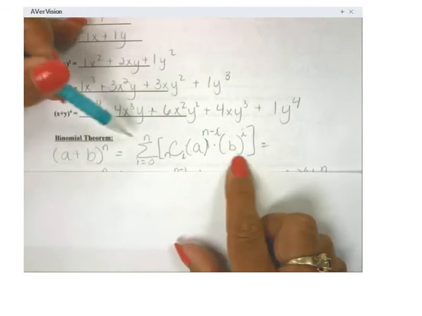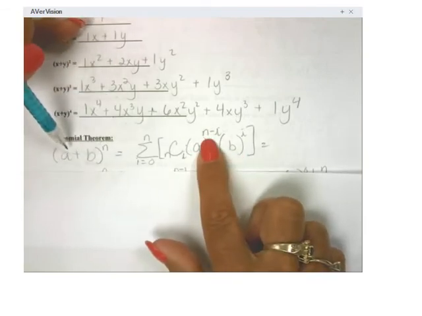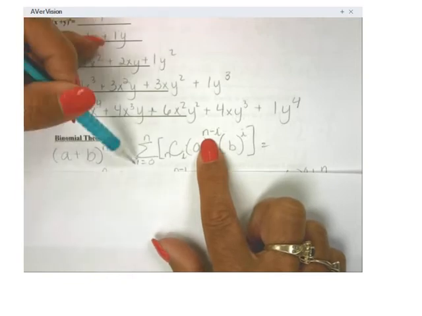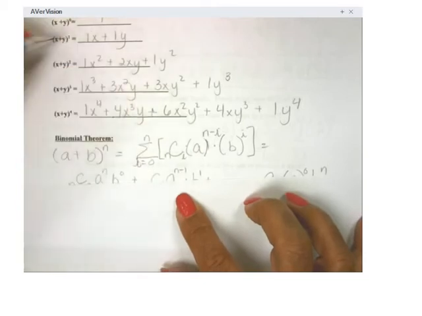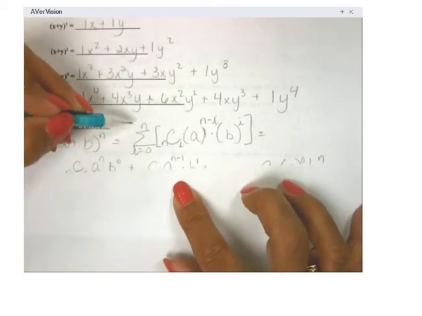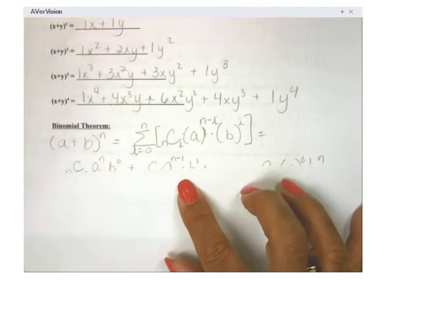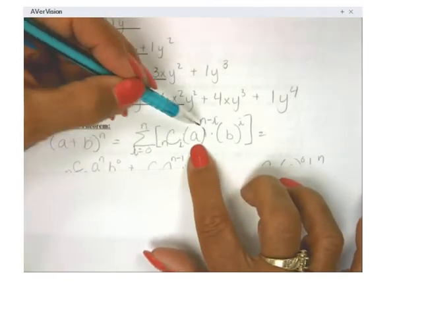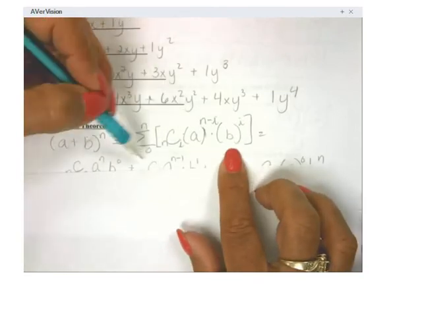The first variable is going to be taken to an exponent, and the second variable is going to be taken to an exponent. Now this exponent is going to start out as a high number, and that will start if I let this little subscript down here say i equals 0. So I have i from 0 up until n, which is going to agree with this guy.